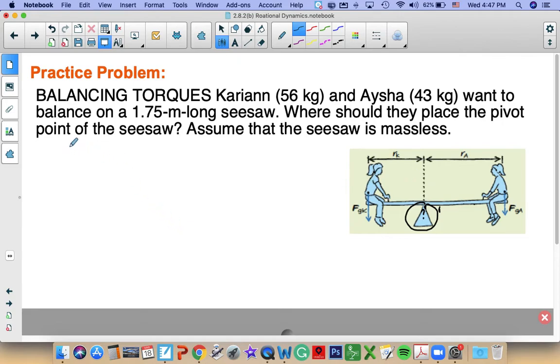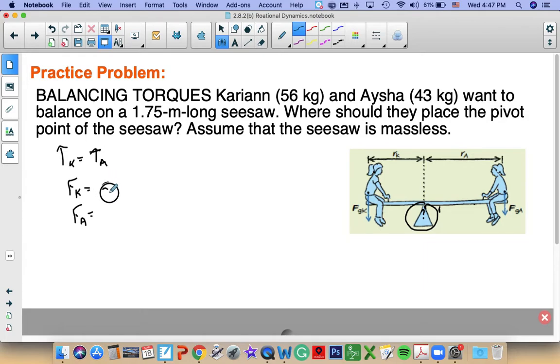First of all, let's write our equation for torque again if we're trying to find a system here. We've got torque of Carrie Ann equal to the torque of Aisha. So for each of those we need a force: force of Carrie Ann, force of Aisha.